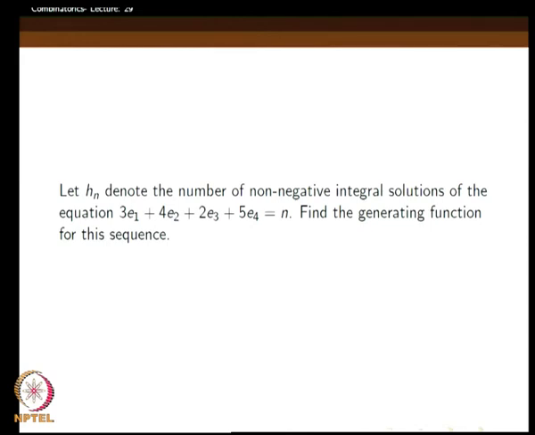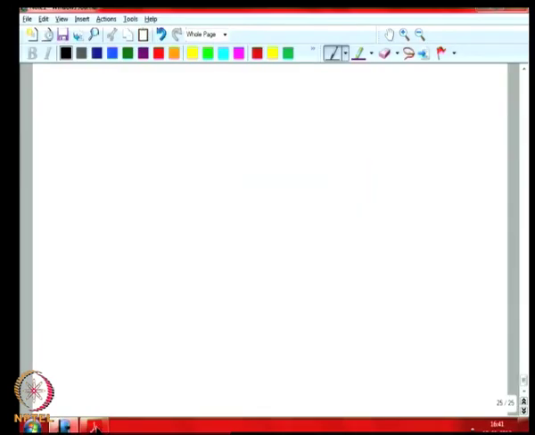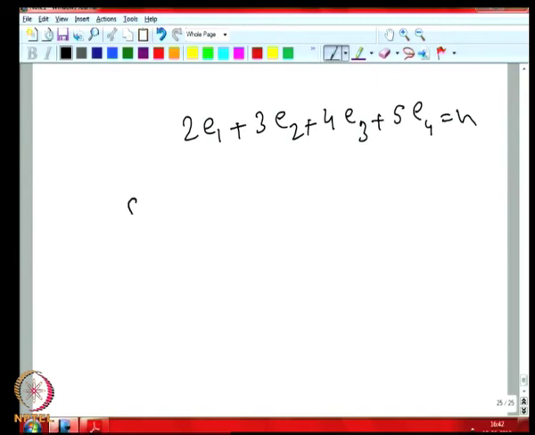So, what we do is, here we do a kind of conversion. So, 2 times E1 plus 3 times E2 plus 4 times E3 plus 5 times E4 is equal to n. What we do is, we make some substitutions first.